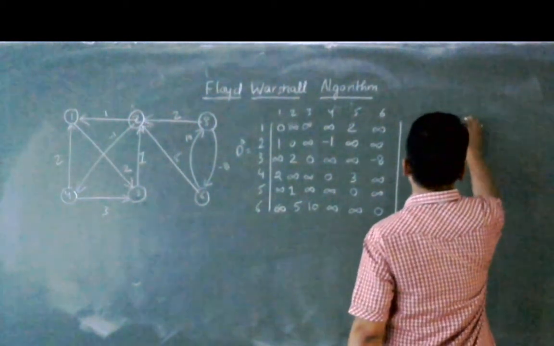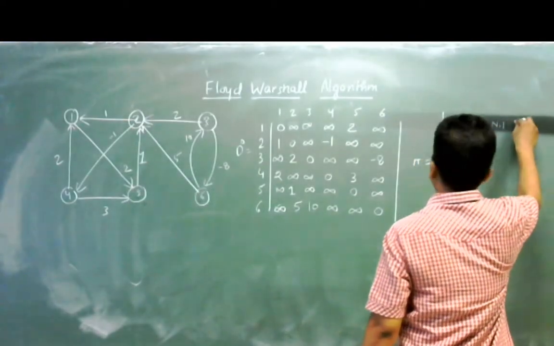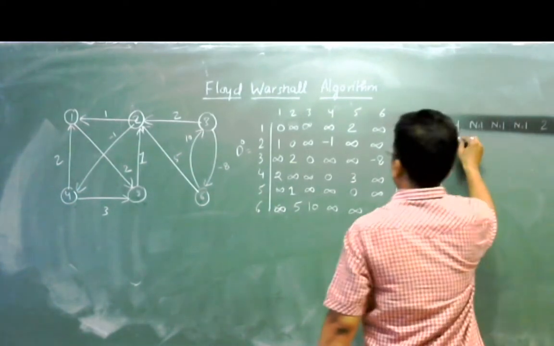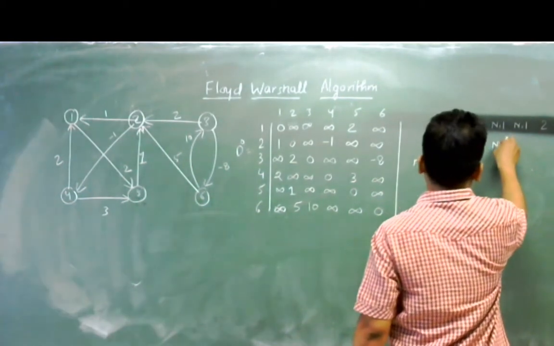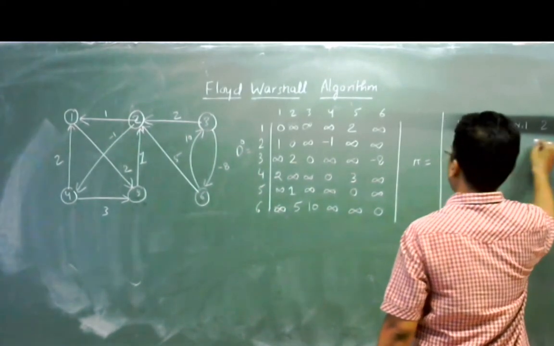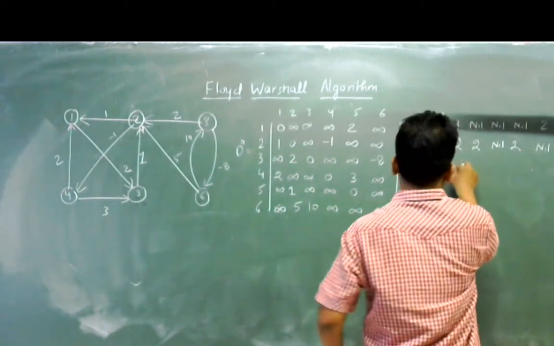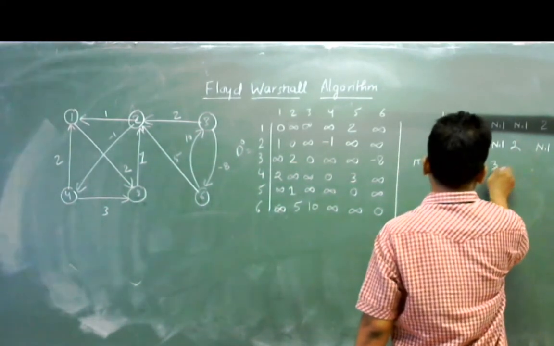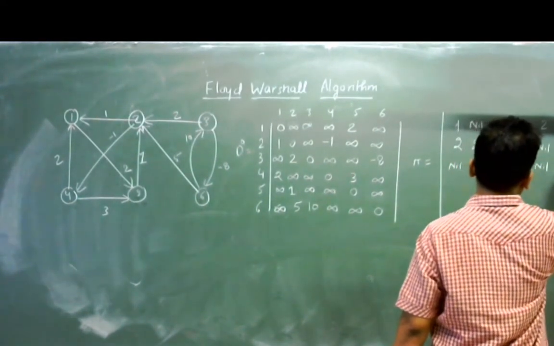0. This node is via 1, and for the rest I shall mention nil, nil, nil, and 2 and nil. Like this, you shall mark 2, 2, nil, and this one is 2 and nil, nil. This is nil, 3, 3, nil, nil, and 3.